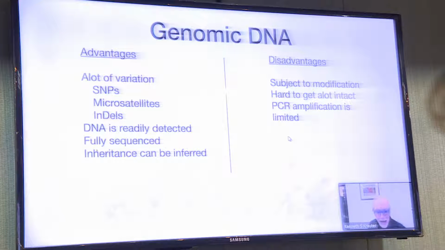And as I said before, inheritance can be inferred. So even if you don't know the identity of the DNA you're studying, you might be able to figure out who the individual is using public databases to determine it.